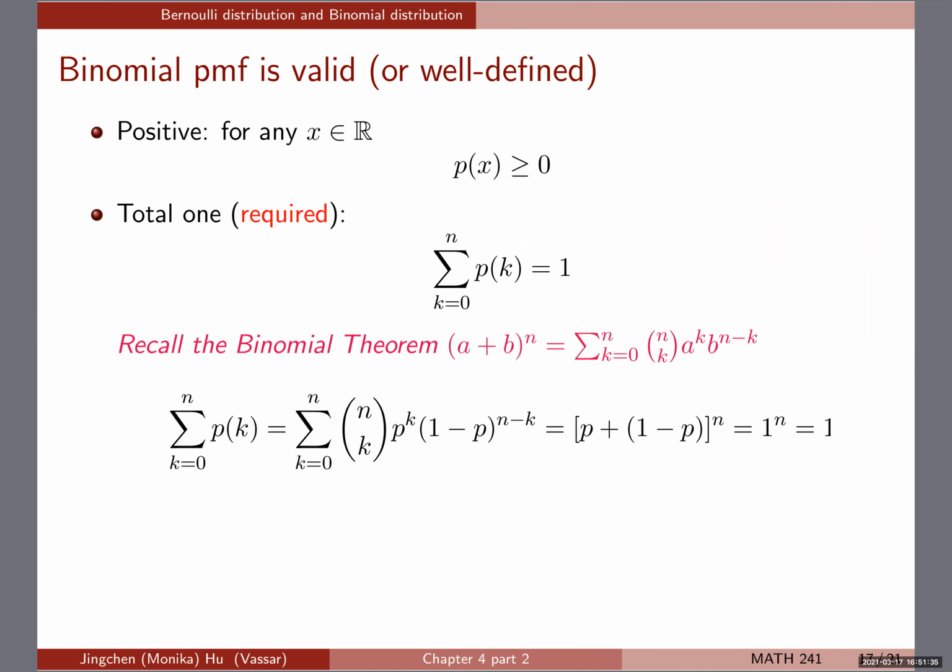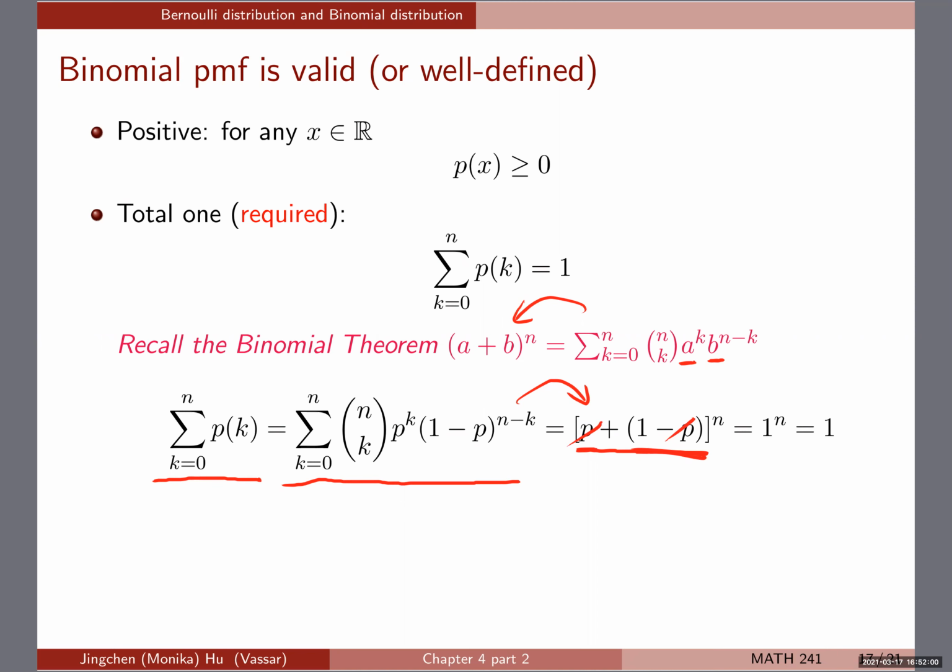Just recognize that we're trying to show the sum of p_k, and we expand it out over here. From this step to this step is just the binomial theorem used in reverse. We recognize a and b as p and 1 minus p, so we add these two up together, and the p and minus p cancel. So it's 1 to the power of n, which is always going to be 1.